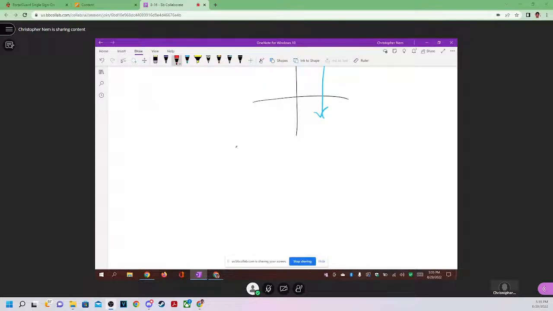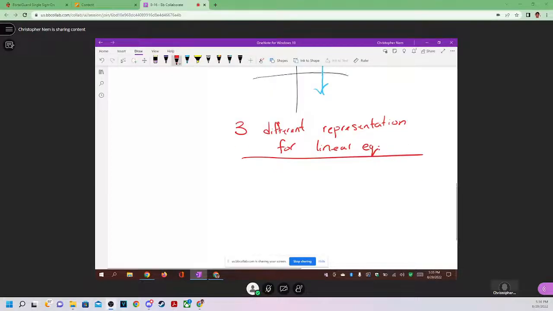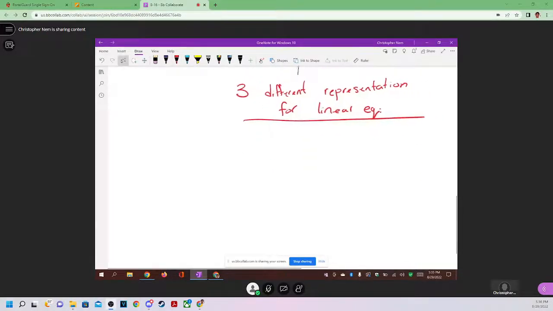So there are 3 different representations for linear equations. 3 different representations that you need to know. The first one is going to be called point slope. That's the first one right there.